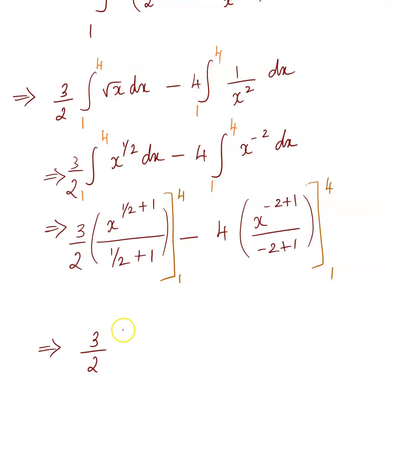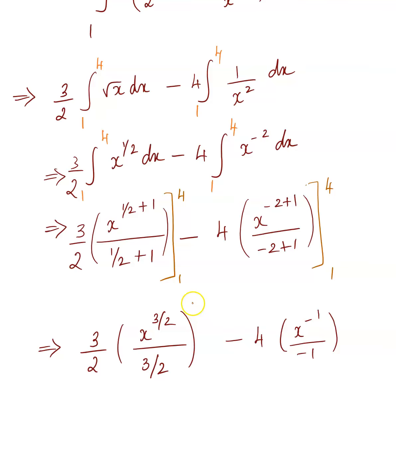So this is 3 over 2 x power. Don't be in a hurry to evaluate yet, because we want to first take care of all the constants, get them out of the way, and then just for the x we'll have to substitute, because that's the only variable, right? So that's going to be 3 over 2 over 3 over 2, negative 1 over negative 1, and then I'll bring in the limits 1 to 4.